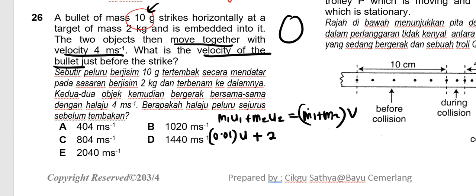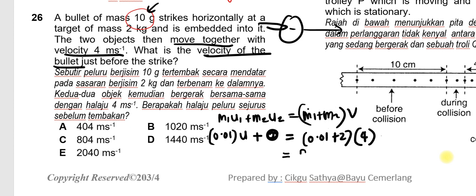Initially it must be at rest, so 0. Then combine their mass, 0.01 plus 2 kg, and the final common velocity moving together is 4. Find u, that's all. So this will be 2.01 times 4.